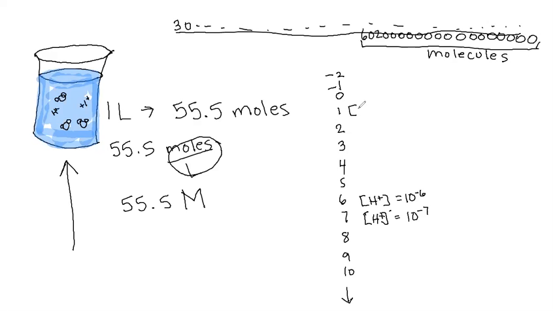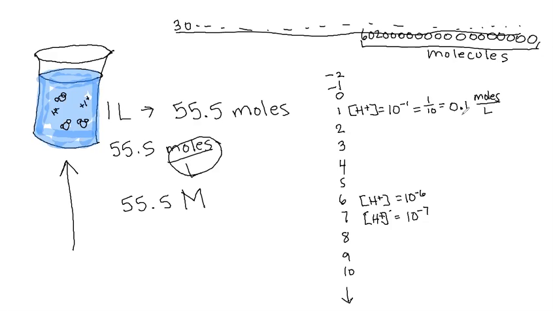So if the pH is 1, which is very acidic, then the concentration of hydrogen equals 10 to the negative 1, which equals 1 over 10, which equals 0.1 moles of hydrogen per liter of solution, okay?